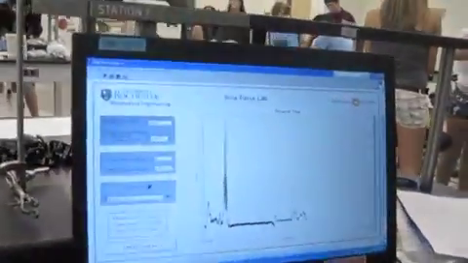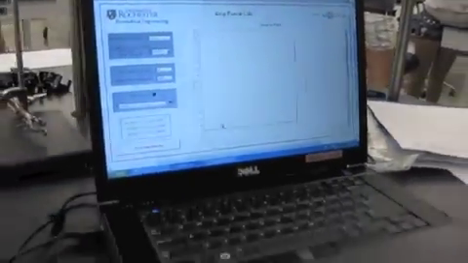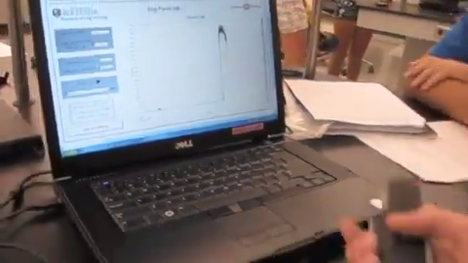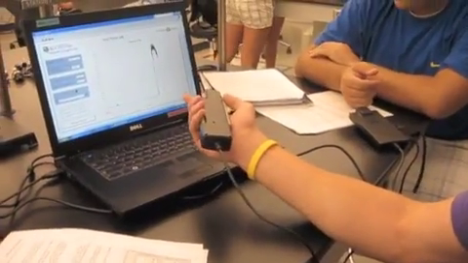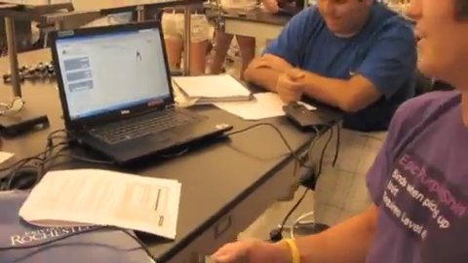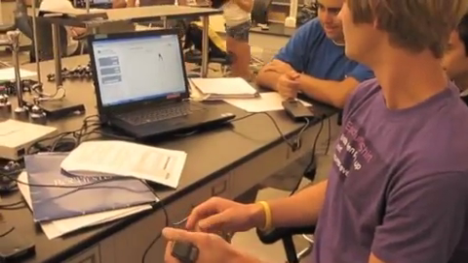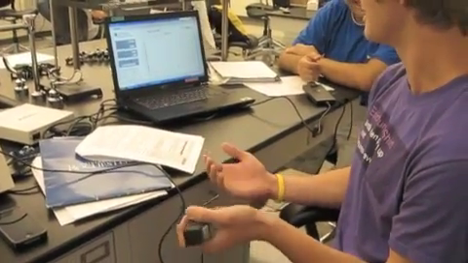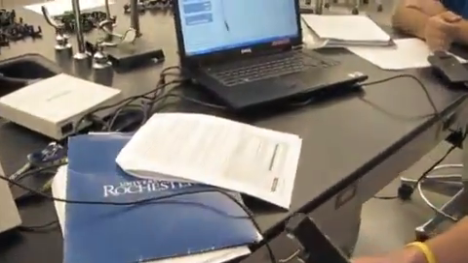So now we will show you the grip force. Alright, so I guess dominant hand first, just showing, and so that's in newtons, the force. And then non-dominant, a little lower. And then pinching.